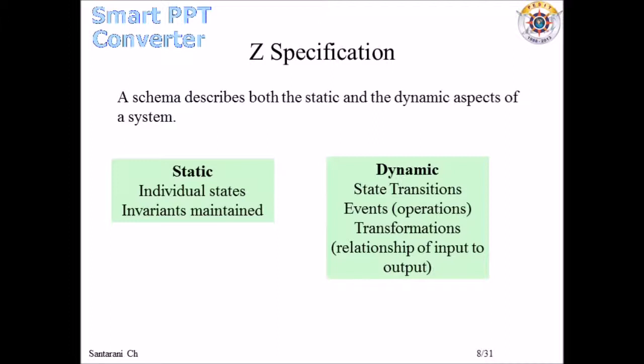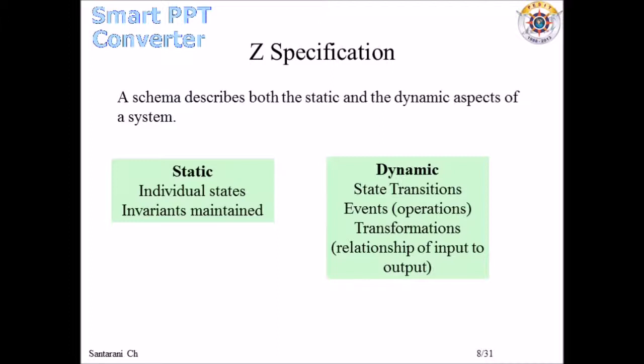A schema describes both the static and the dynamic aspects of a system. The static aspect means the individual states of the system and the invariants maintained, that is, the behavior of the state of the system which does not vary with time. Whereas the dynamic aspect, as we all know, means change.